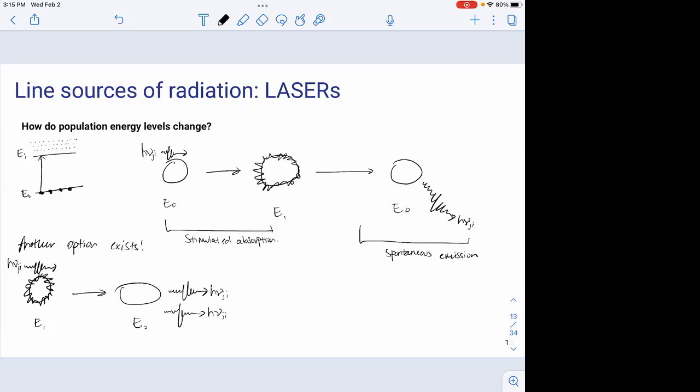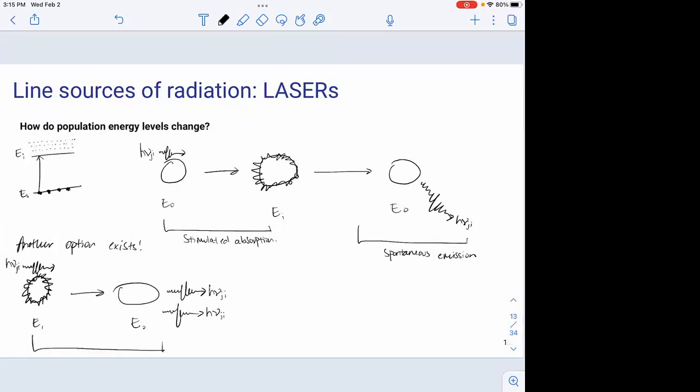This is called stimulated emission. And really, the reason that lasers have the word amplification in them is because this is how we get from one photon in, two photons out.